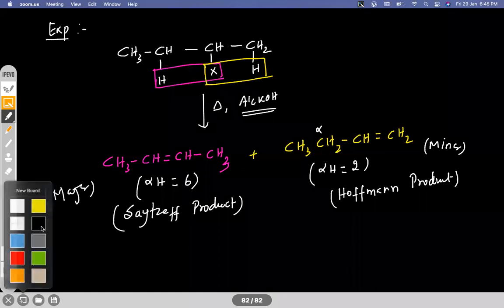Okay, next you see, we can also prepare alkenes from dihalides. Second one. Halides we have seen, now dihalides.